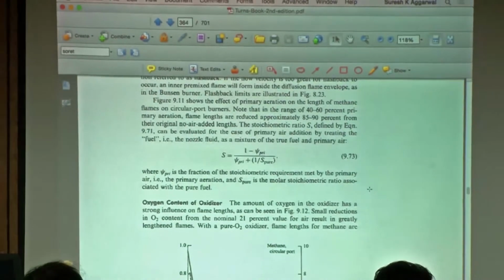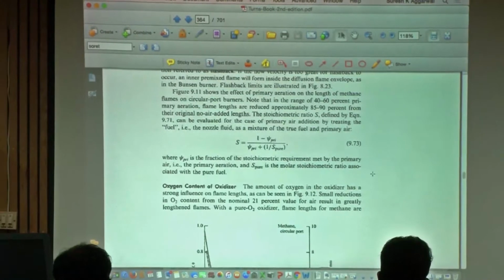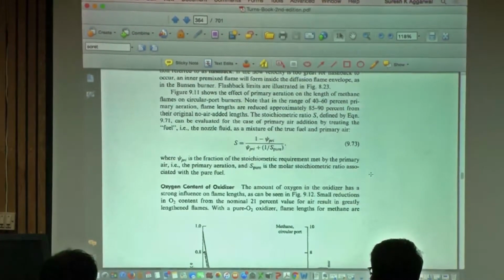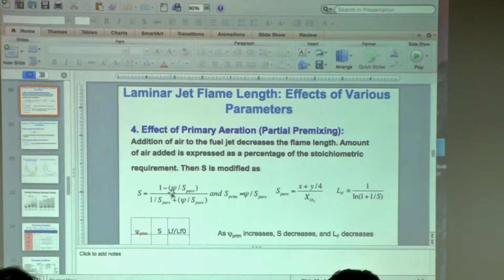I had it on the PowerPoint. Here phi is defined as the fraction of the stoichiometry requirement. So there was a typo here, right?